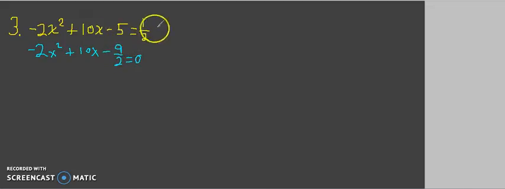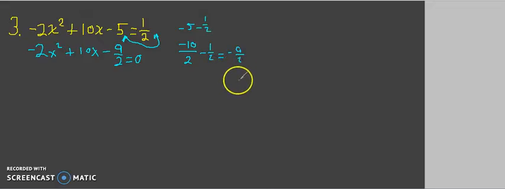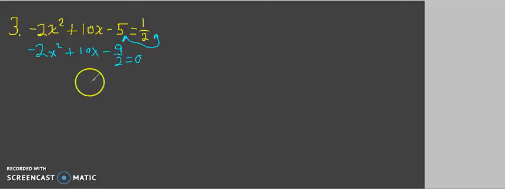So you can do that by moving this over there, and you get negative 5 minus 1/2, which you can turn into a fraction. Negative 10/2 is equal to negative 5. You just switch it up like this, minus 1/2, and then you get negative 9/2. So there's how I got that. And let's clear that out of the way. So that's our new equation that we're going to work with.